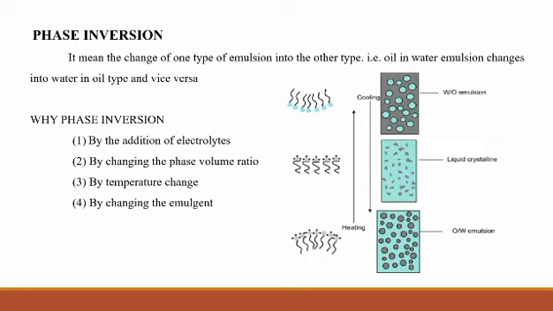Why the phase inversion? What is the reason for this phase inversion? It may be led by the addition of electrolytes, or by changing the phase volume ratio, or by a change in temperature, or by changing the emulsifying agent.